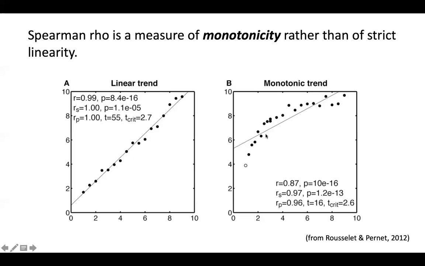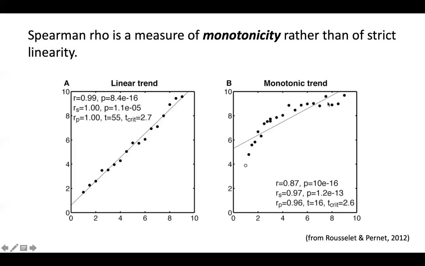Let's say these are 20 data points. As long as a participant who has rank 3 for weight also has rank 3 for height, and the other one has rank 4 for weight and rank 4 for height, then even if the distance between the ranks is different for the two variables, it does not matter. That's what I mean by monotone.